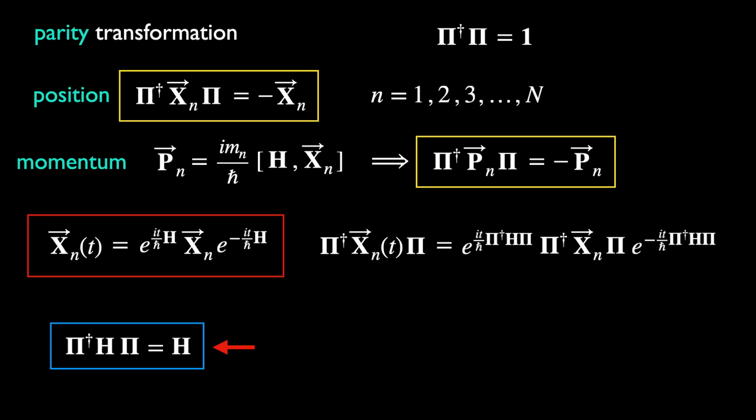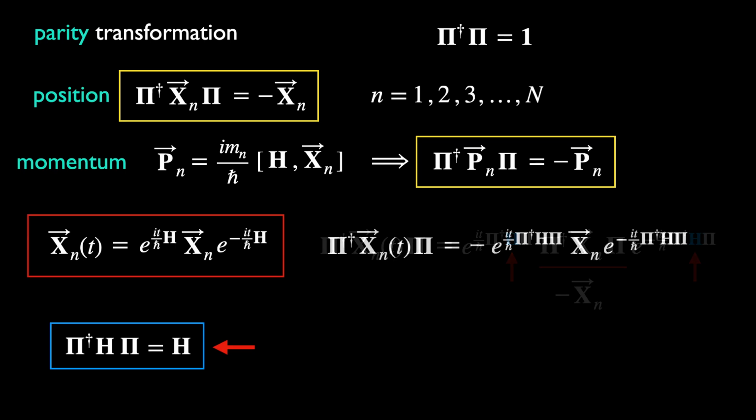Again, we have used the unitarity of pi. Suppose at t equals 0, we have defined the parity transformation of X by the rule above. Notice that in the time evolution operator, we also have to deal with the transformation of H. The invariance of H is thus necessary to fix the same transformation rule for X for all times.